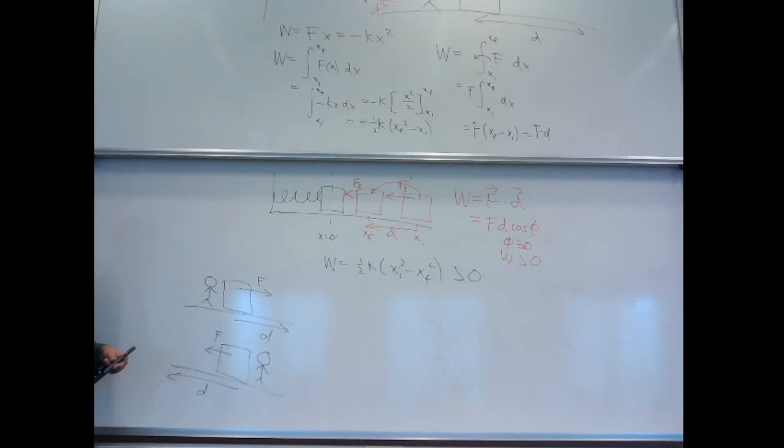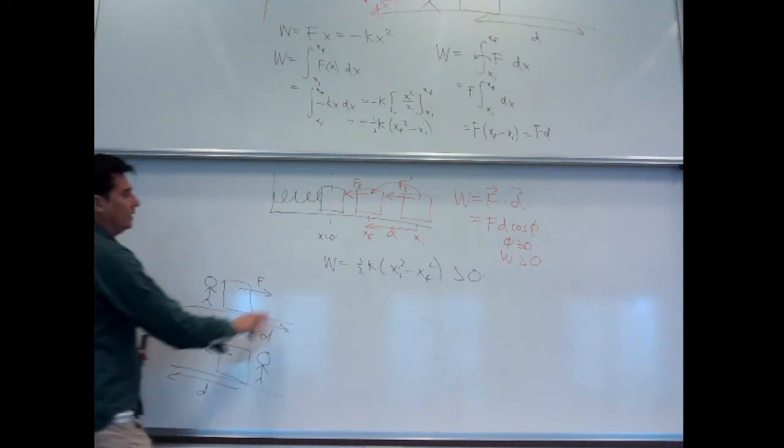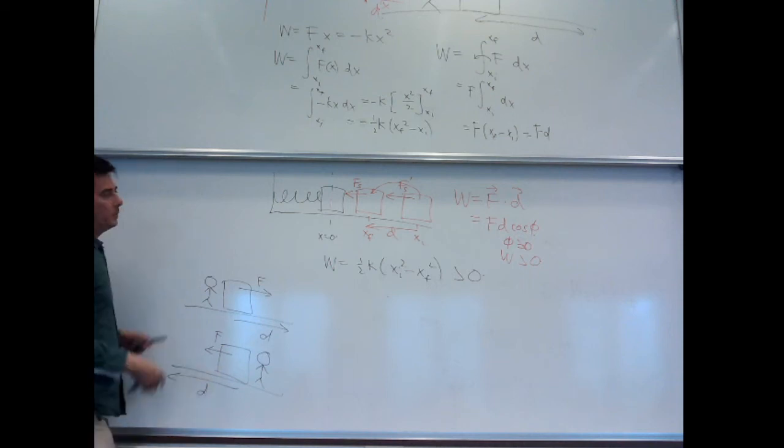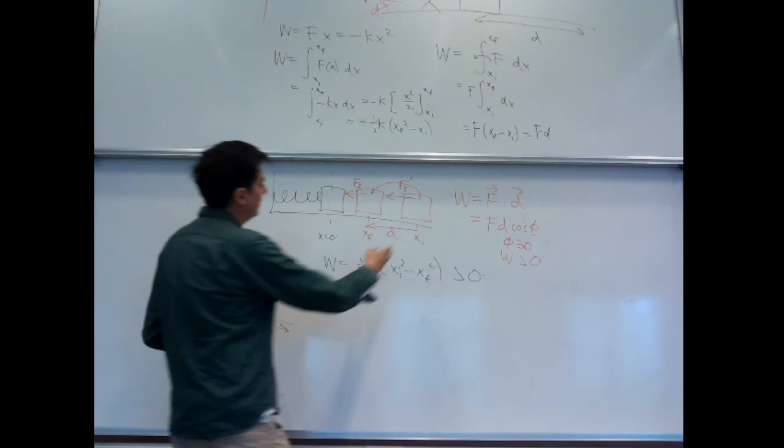So this situation here on the bottom is basically the same as the spring. Instead of the guy, there's a spring that's pulling on this object. There's a force that's going left, and the spring is successful in moving this object to the left.